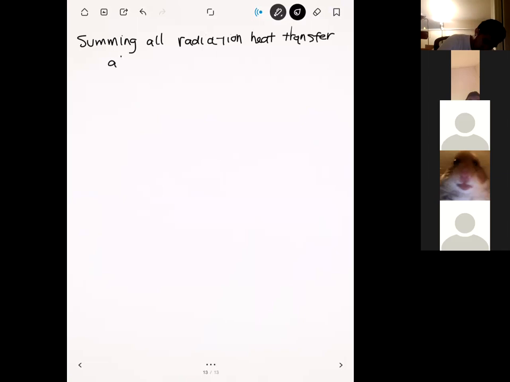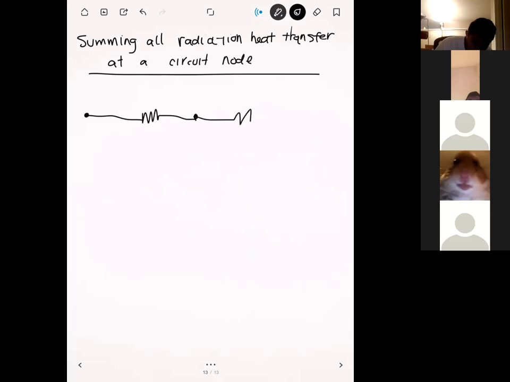Let me show you how to sum up the radiation heat transfer at a node. This is very reminiscent of circuit laws, if you remember that. Let me just draw a segment of the circuit, just to illustrate this point.